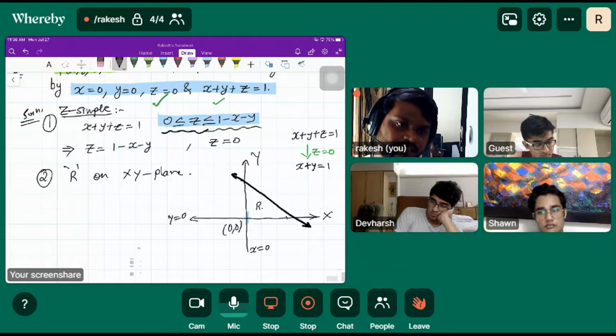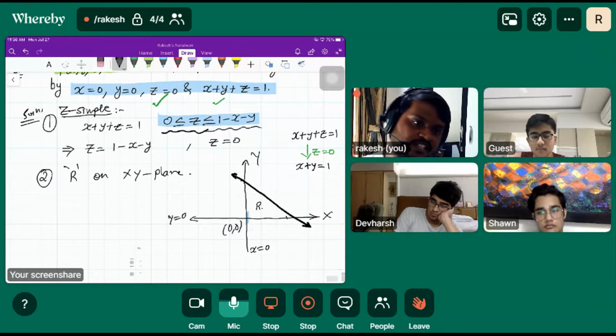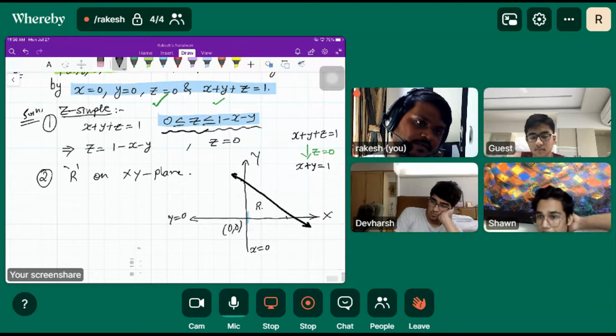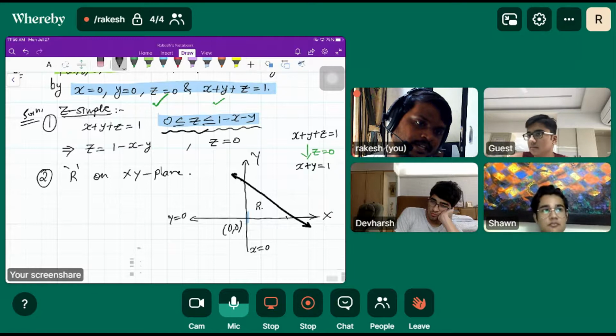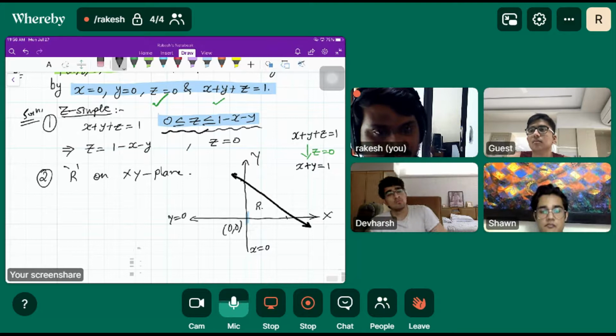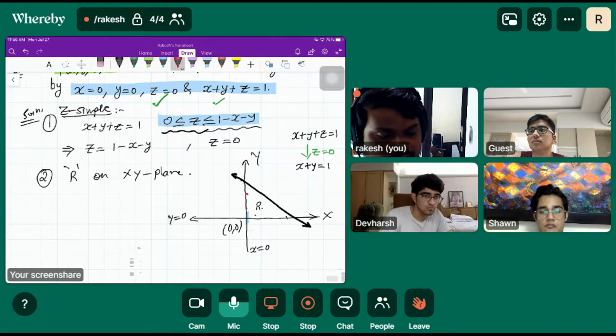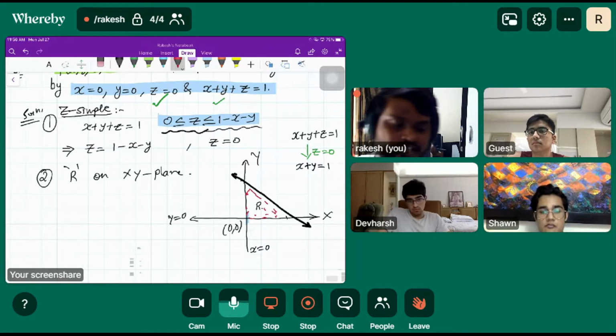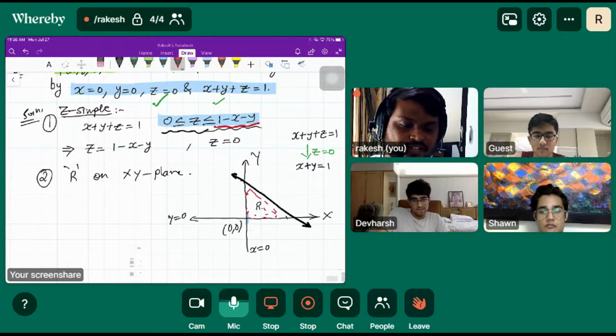So you have to put any point from this region into these two equations.